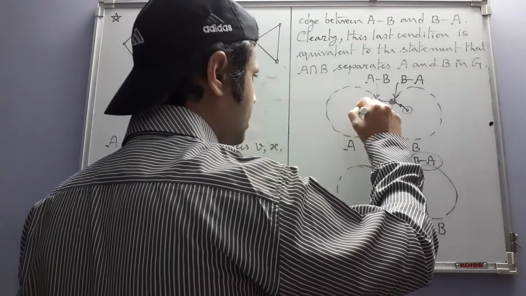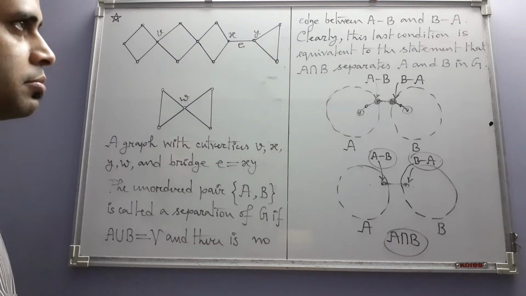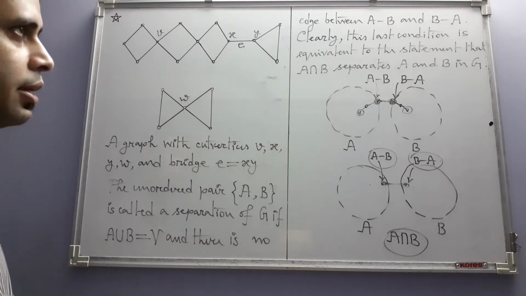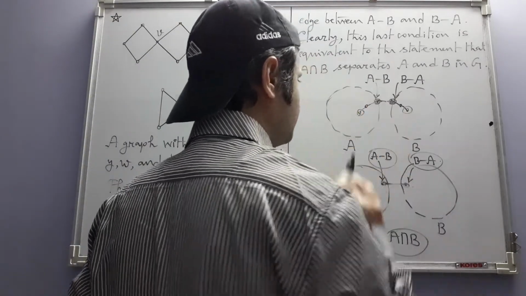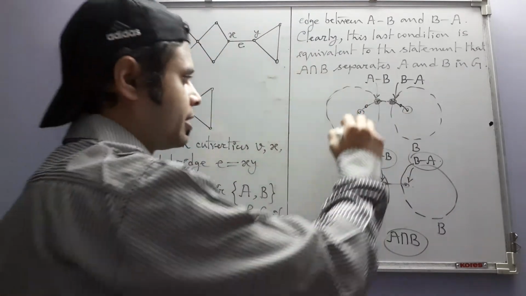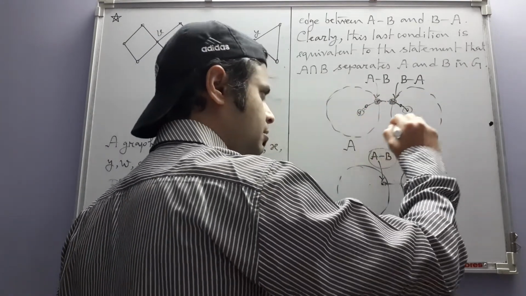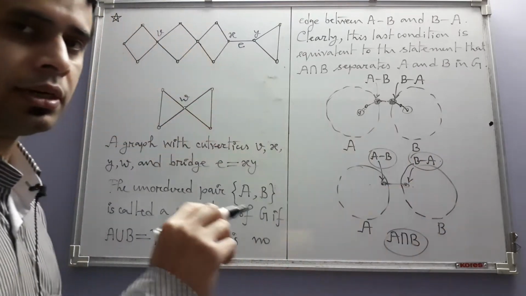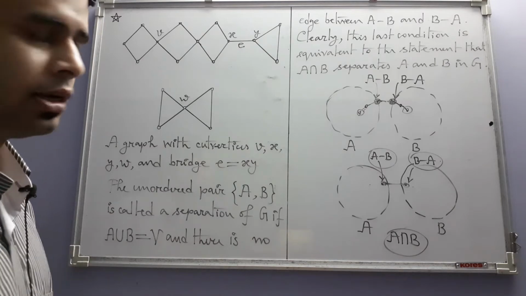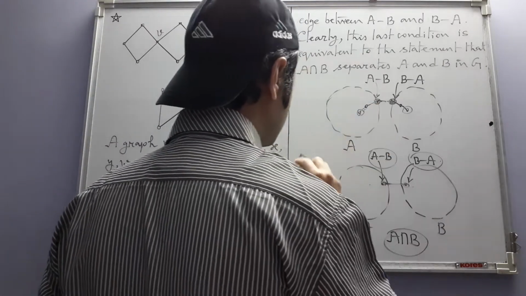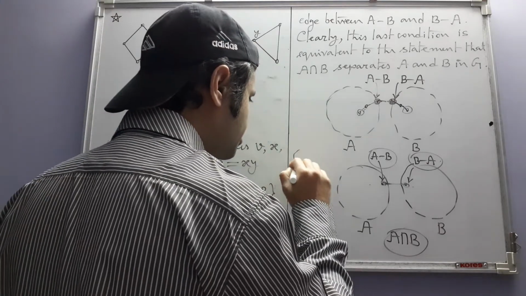Remember, this is any AB path, so one end belongs to A. The part of the argument where I said that the path can go like this and then again come back and do like that several times, then ultimately lands at some vertex in B, is actually wrong. Why? Because by the definition of an AB path, an AB path should be like this.